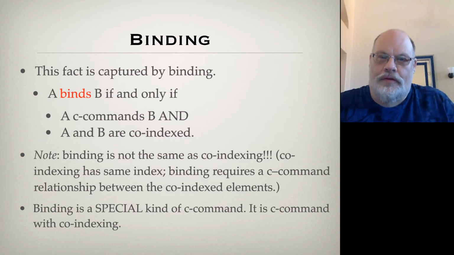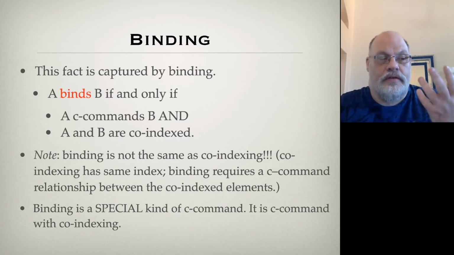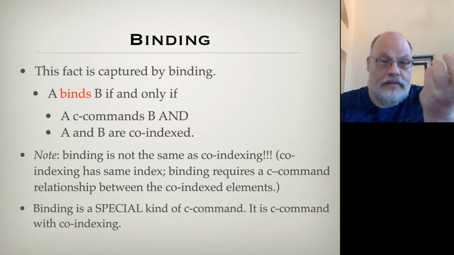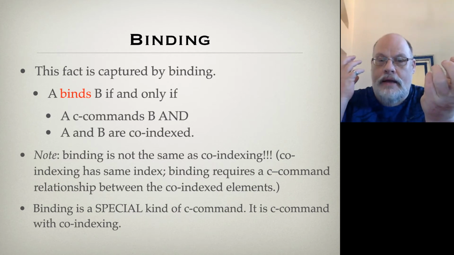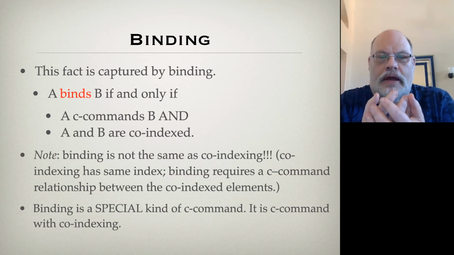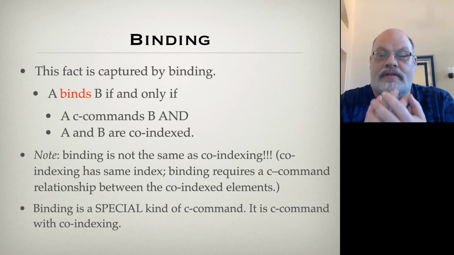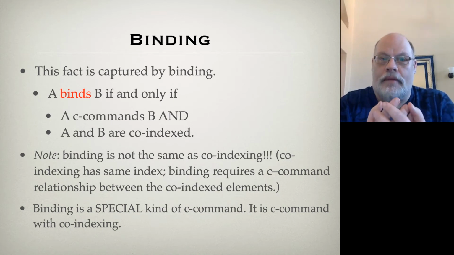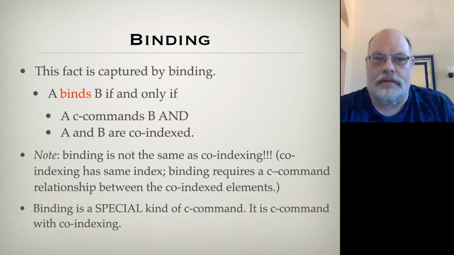So we have this special term binding that takes those two ideas, that there is a C command relationship and there is a co-indexing relationship, and joins them together, right? If you don't have both of those, you don't have binding. It's a special kind of C command with co-indexation, okay?